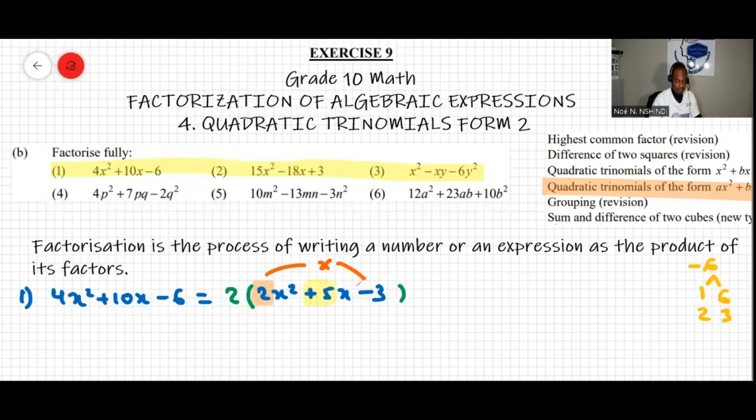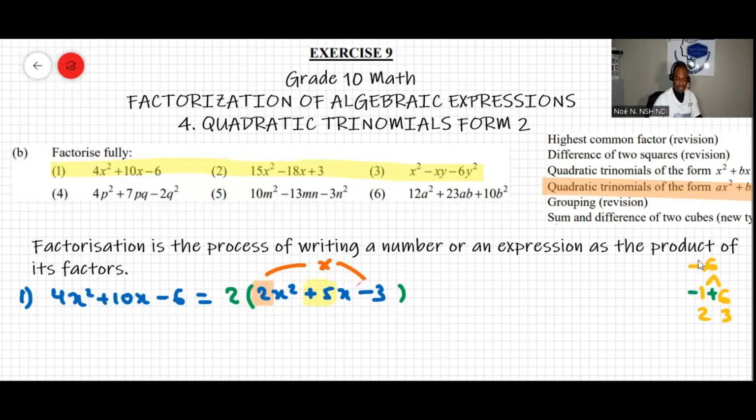Now, how can I get +5 from the factors of 6 in this list? It is possible only if it's -1 and +6, because 6 minus 1 makes +5, and 6 times -1 makes -6.